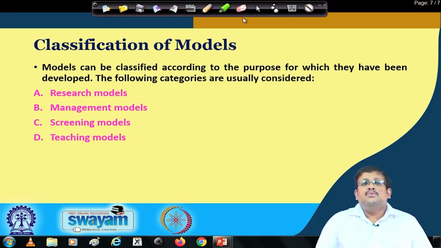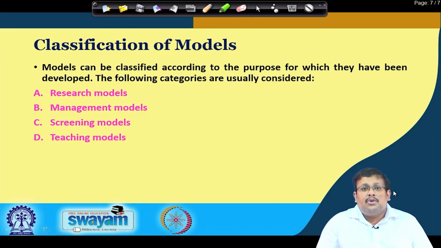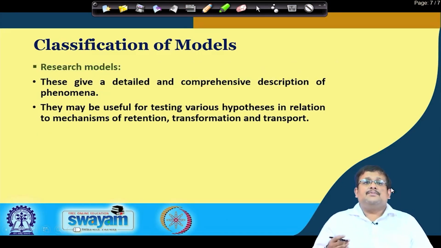Let us first discuss the research models. Research models give a detailed and comprehensive description of phenomena. What are phenomena? We will also see. This is a detailed and comprehensive description of the pollutant fate, and they may be useful for testing various hypotheses in relation to mechanisms of retention, transformation and transport, because these mechanisms play a major role in the movement of pollutants from one place to another.